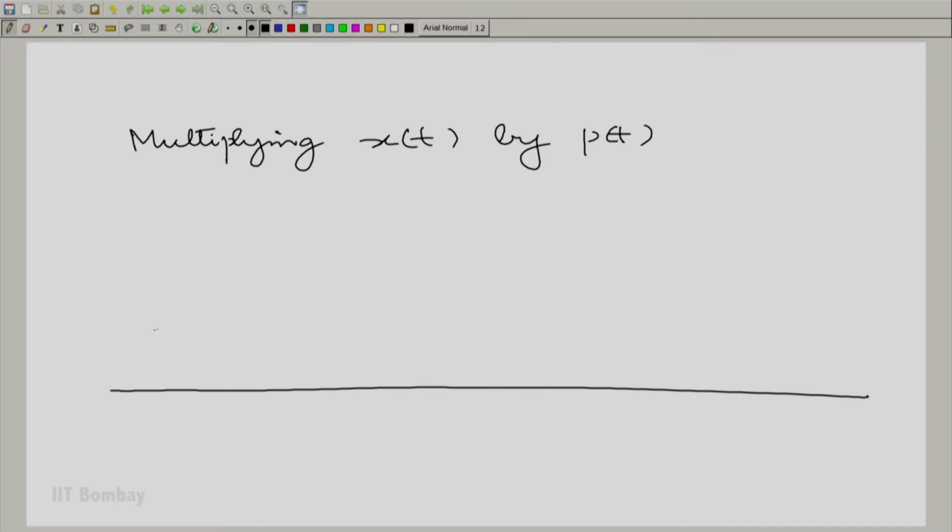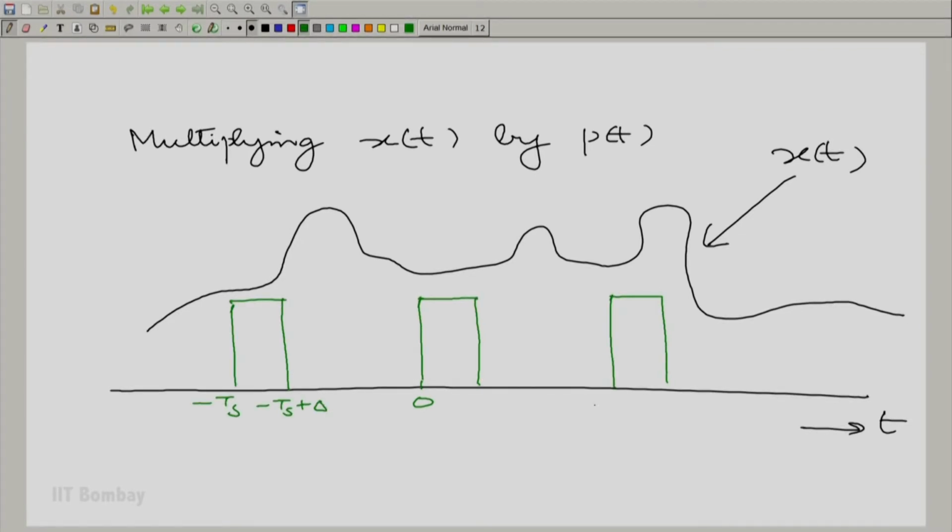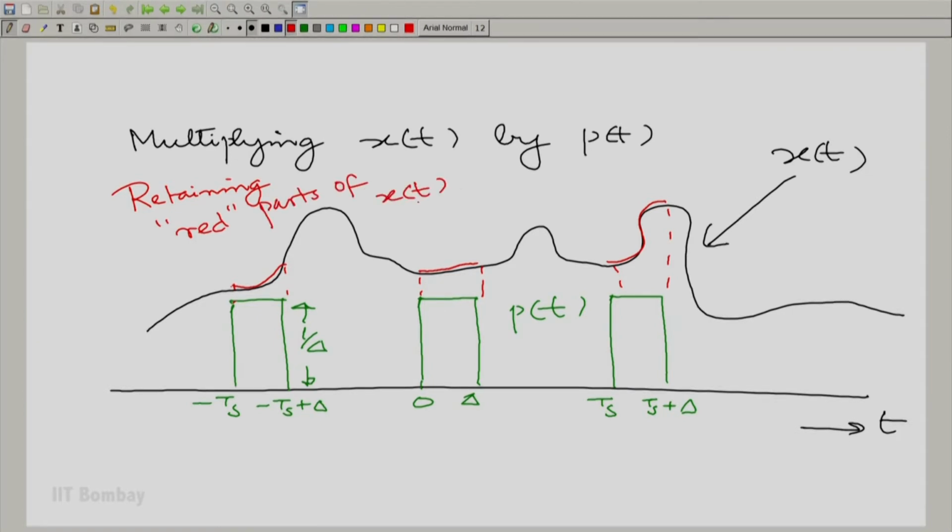Suppose you have x(t) that looks like this. This is x(t), and I am showing p(t) in green over that. Now, multiplying this green p(t) by the black x(t) really means retaining what I am marking out as the red parts of x(t). It really means retaining parts of x(t) and scaling them appropriately.